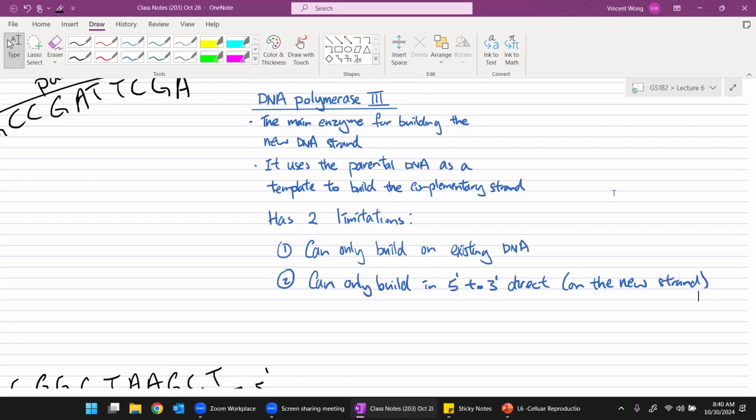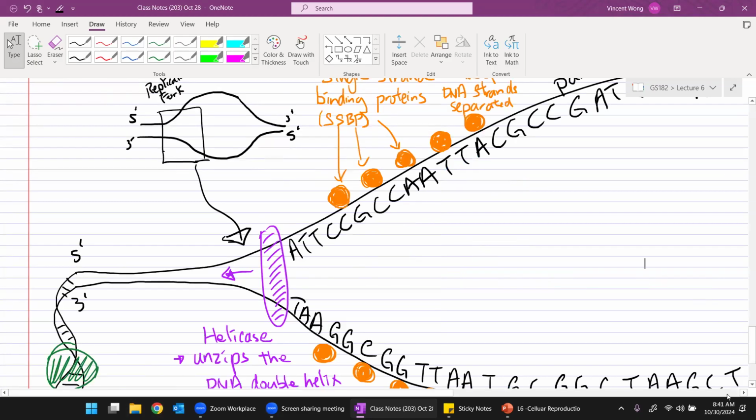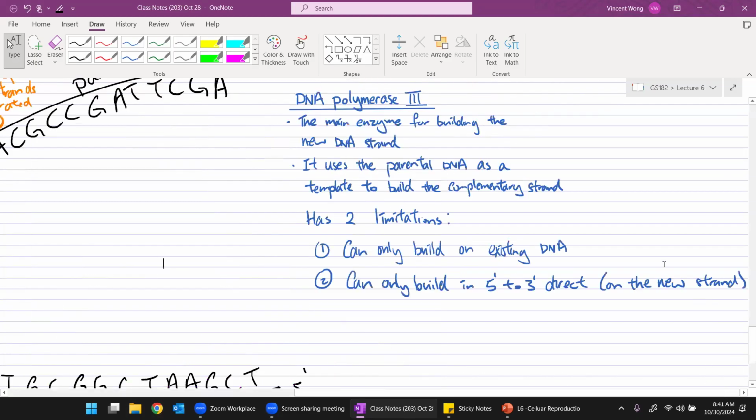And so when we are creating the new strand, it needs to be in the direction of 5 to 3. Okay, it doesn't know how to go the other way. So those are the two big limitations associated with DNA polymerase 3. Okay. Any questions?